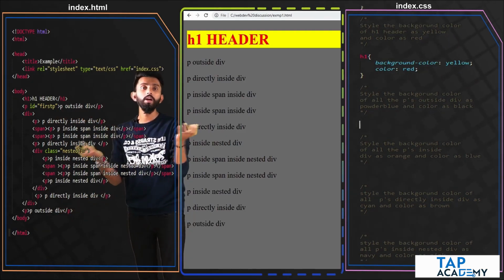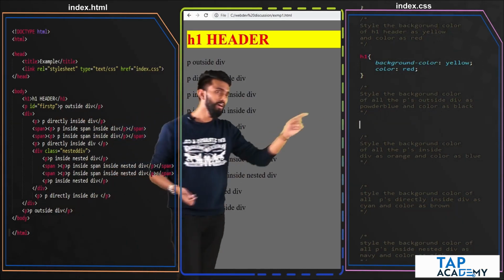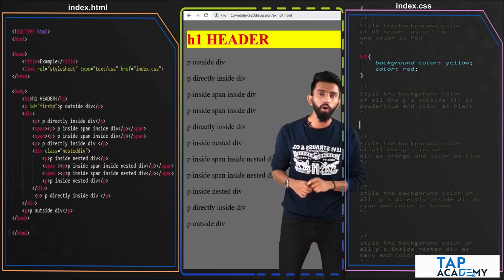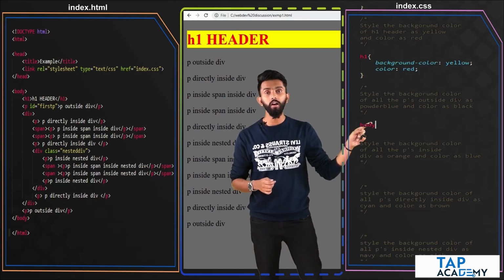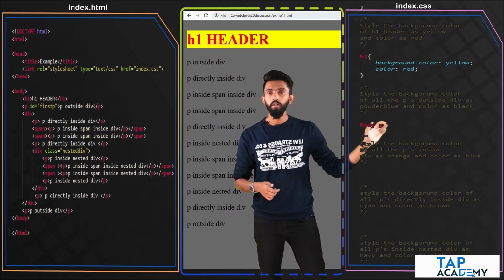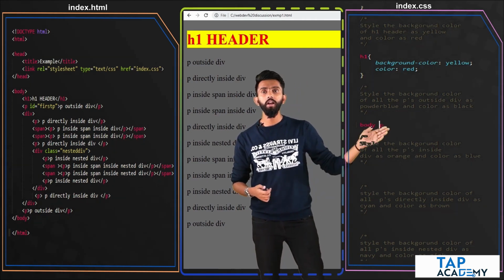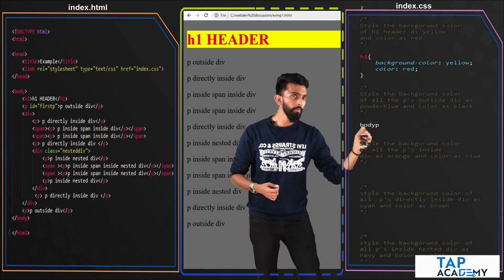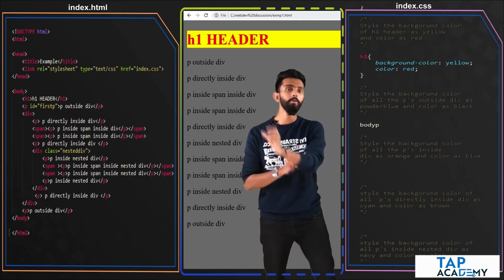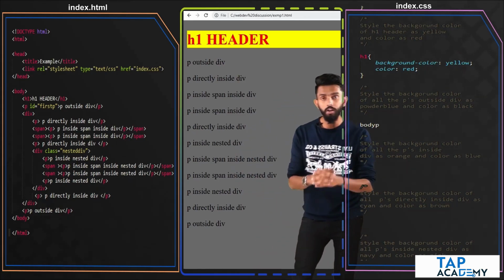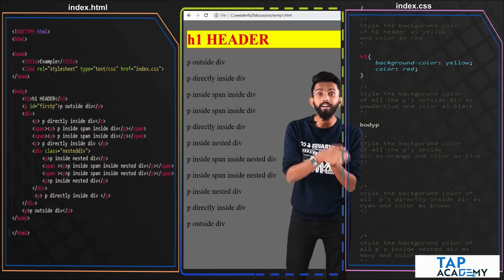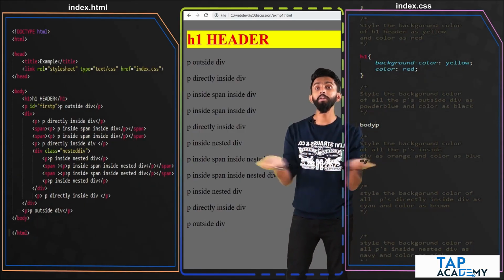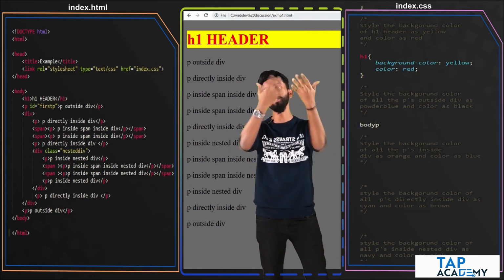Now, how will you establish a relationship? That's simple. First, I will use a selector. I will tell body. Next selector I want is P. You remove the space. Now, between both of them, I should establish a relationship. What is the relationship? It should be a direct child. Only then it means it is directly inside the body and outside div.